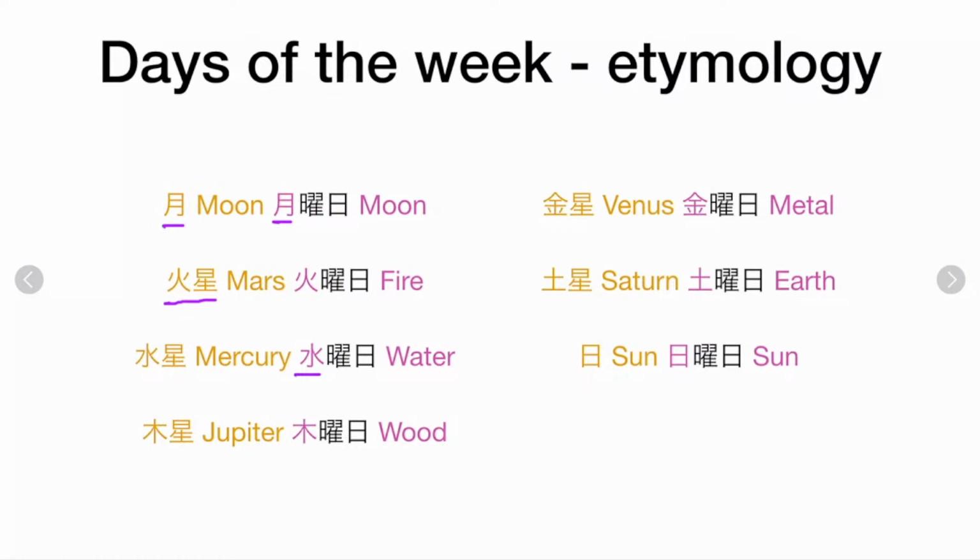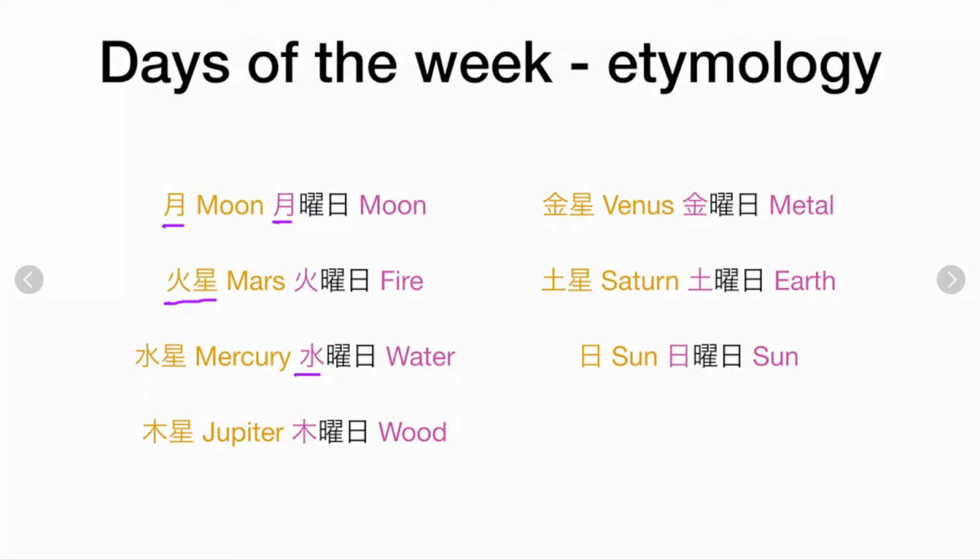So Mercury for them is this. And this in English is Wednesday. Wednesday is Odin's day, so it comes after Jupiter. No, hold on. This is Venus, right? No, I'm mixed up.